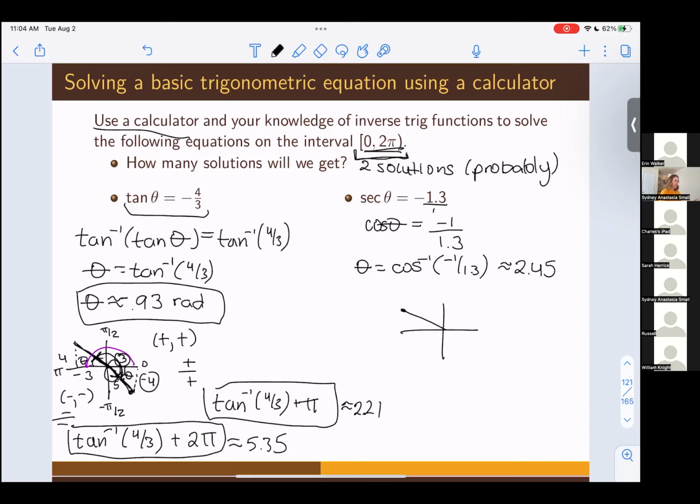So we know it's going to be somewhere over here, which makes sense because 2.45 is between 0 and pi. I'm not going to bother drawing the dimensions of this triangle because it doesn't really help us, but we know we're working with some angle in quadrant 2. This is the theta we just found, and it is one of our solutions.